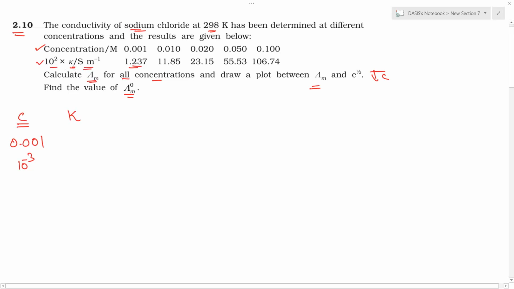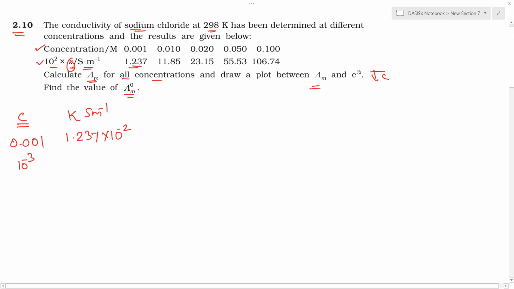If we need the kappa value alone, we have to multiply this value by 10 to the power of minus 2. So this can be written as 1.237 into 10 to the power of minus 2. This is the real kappa value in Siemens per meter.